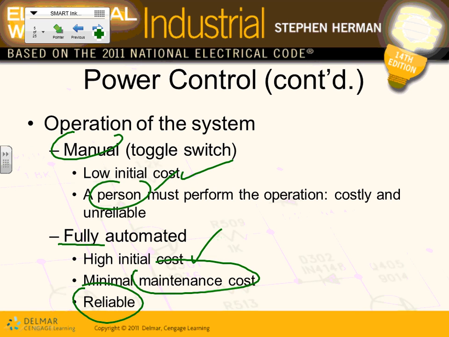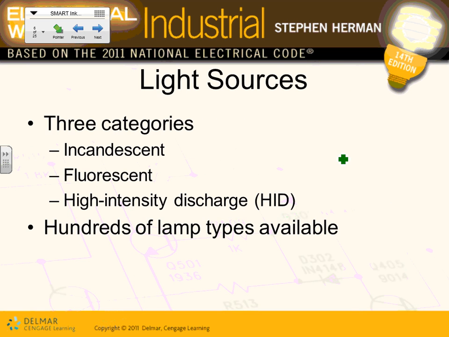So if you are doing parking lots, 99% of the time you're doing some type of fully automated means of controlling them. Does that make sense, guys? You're not going to go there and turn a switch on for your parking lot. Typically, especially in this day and age, it's either magnetic starters, a timer, or a magnetic starter that controls all your parking lot. So that's my control.